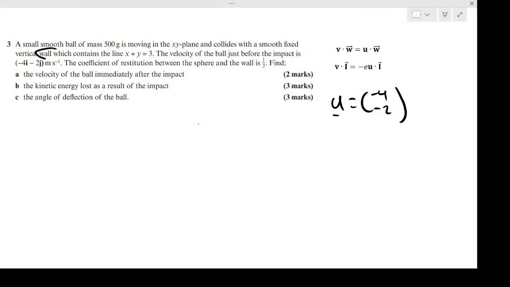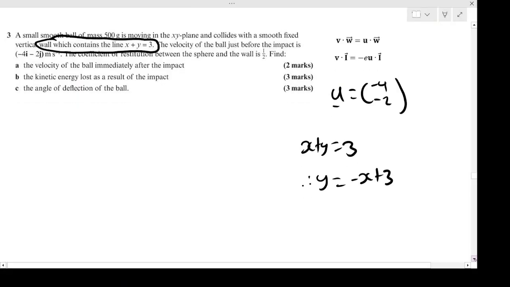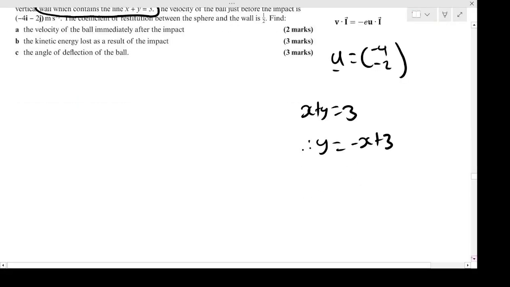We're told the wall, the surface, is in the line x plus y is 3. Now, to visualize that, let's convert that into Cartesian form. So if x plus y is 3, therefore that means y is going to be minus x plus 3. Now, what that's going to look like if you sketch it as a graph: it's going to be y equals minus x, so it's going to look like that, and then I'm going to shift it up by 3.